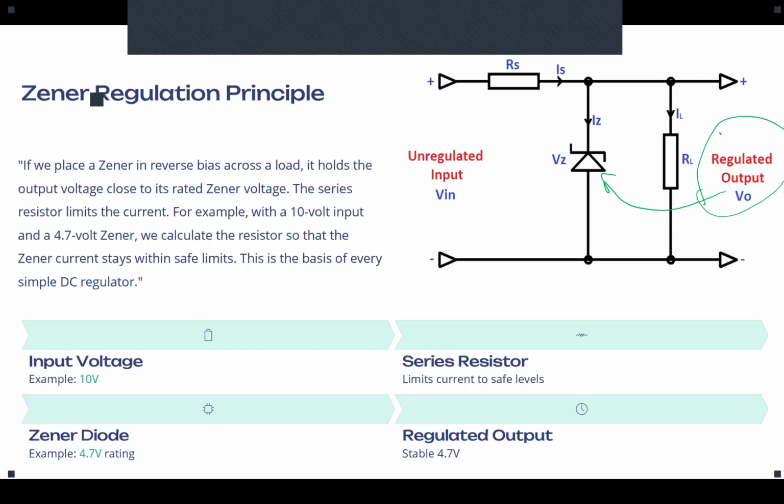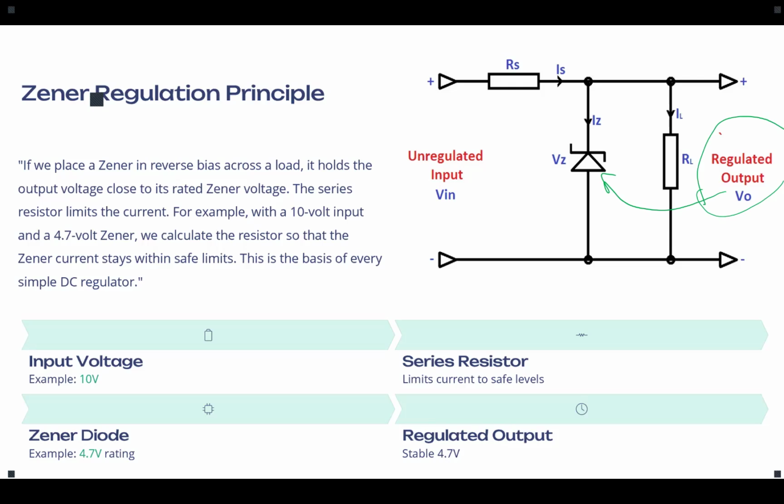Granted, in reality the voltage would not be rigidly constant. If we have a 4.7 Zener diode, it's not going to happen that under any condition we have exactly 4.7, but the Zener diode would stabilize the variation in a very tiny region, so you can claim you have a regulated voltage. You're going to see that in the lab and in your simulation.